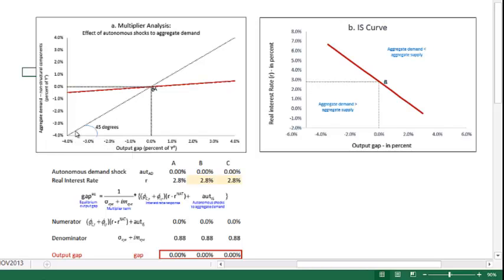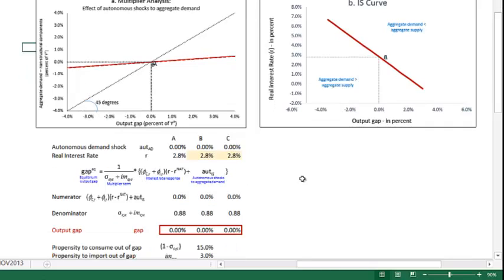Or I should be more precise, the non-structural element of output, the output gap, is equal to the sum of the non-structural expenditures. So we have the equation here.